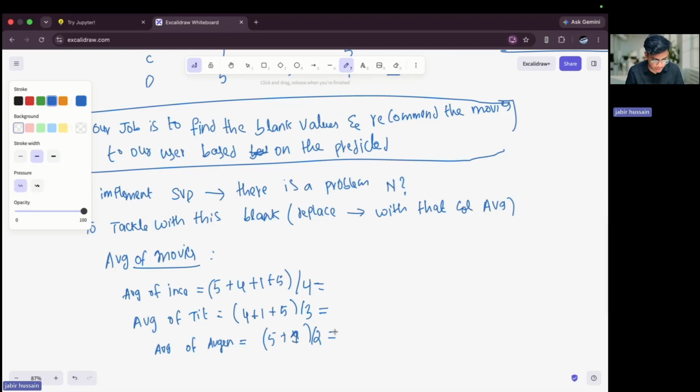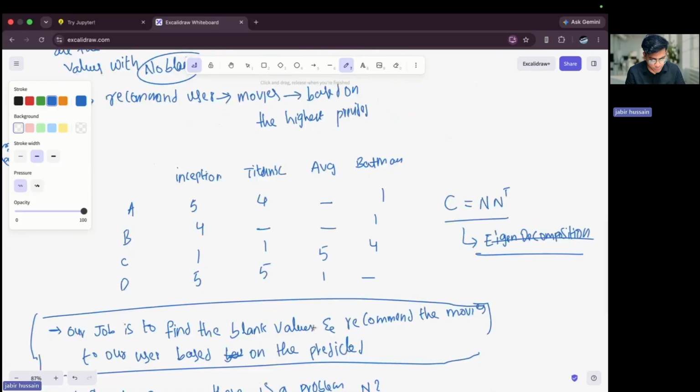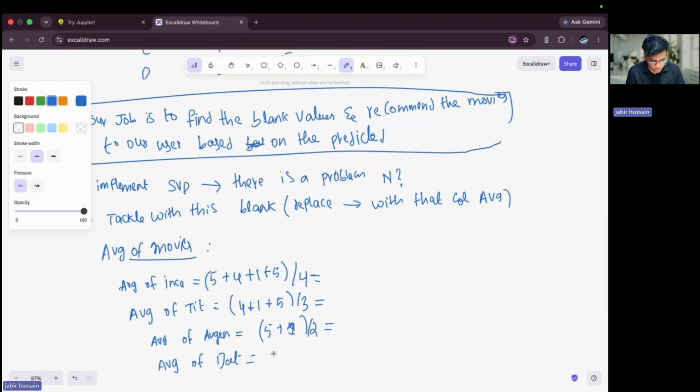Similarly, the average of Batman would be 1 plus 1 plus 4 divided by 3.